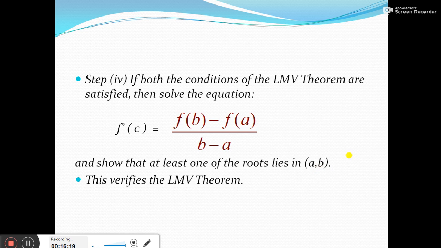If at least one point lies in the open interval (a, b), then we can say that the LMV theorem is verified. Otherwise, not verified. I hope you understand about the LMV theorem and Rolle's theorem, and according to these working rules, you can verify the theorems or check the applicability of the theorems.